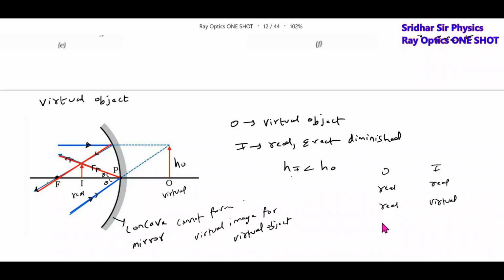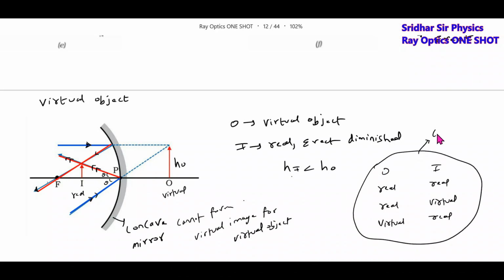Then if the object is virtual, the image will be real. Virtual object, virtual image is not possible. Only these things are possible for a concave mirror. Like this, you have to remember the data.